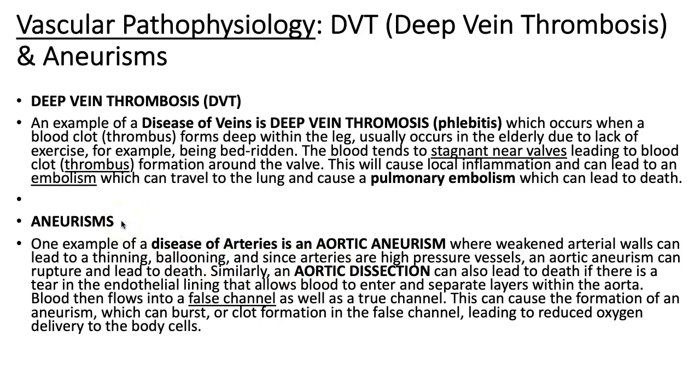Aneurysms, again, hypertension, in this case, hypertension tends to be the culprit rather than deep vein thrombosis. Now you're talking deep vein thrombosis of veins, aneurysms of arteries. So over a period of time, the high pressure, especially if you have systemic vasoconstriction, is going to cause the walls to bulge out as they weaken.